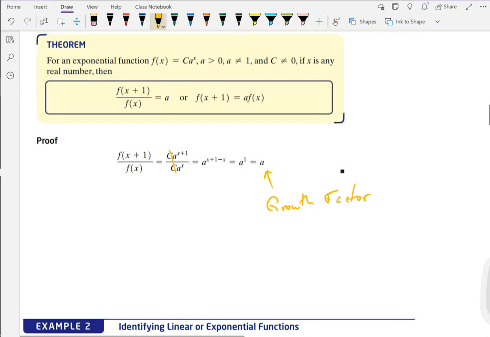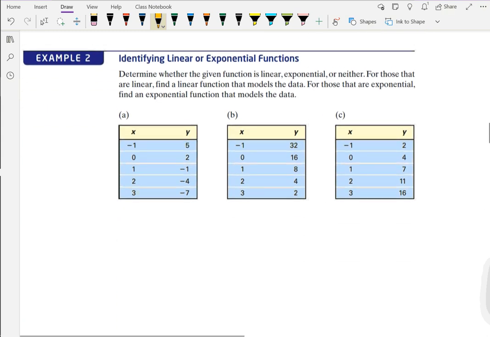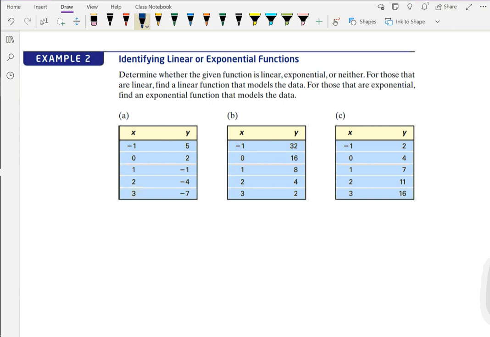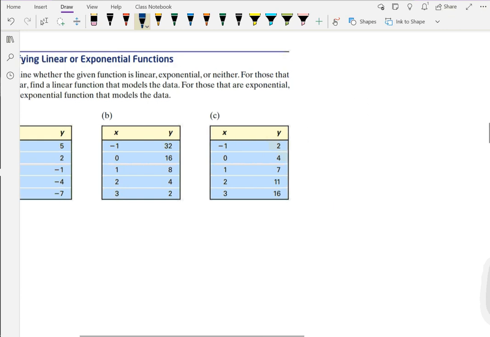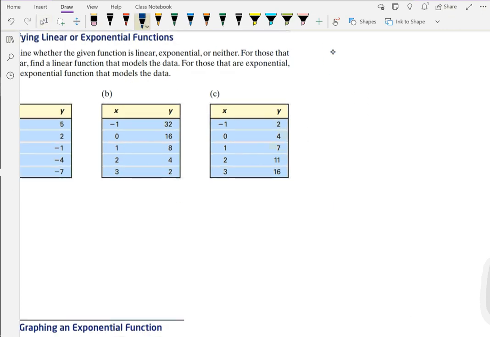Now let's go ahead and compare that back with linear functions. So linear functions, if we go back and review just for a moment. Linear functions are the format y equals m x plus b, where m here is our slope. That's the change in y's over the change in x's.